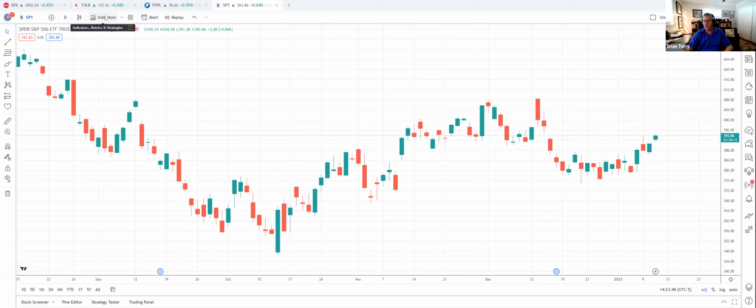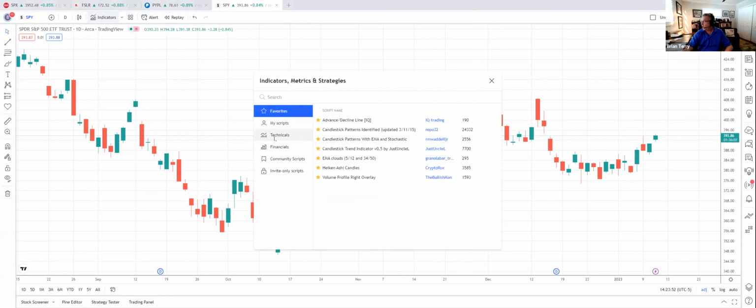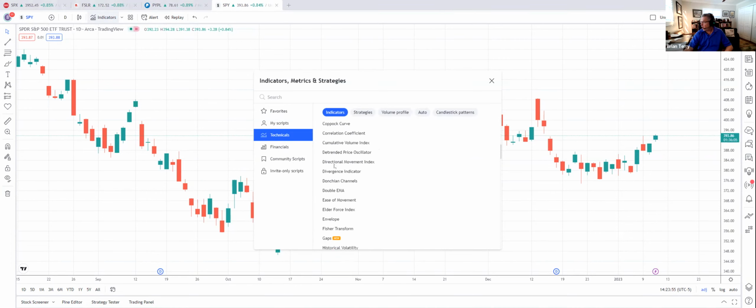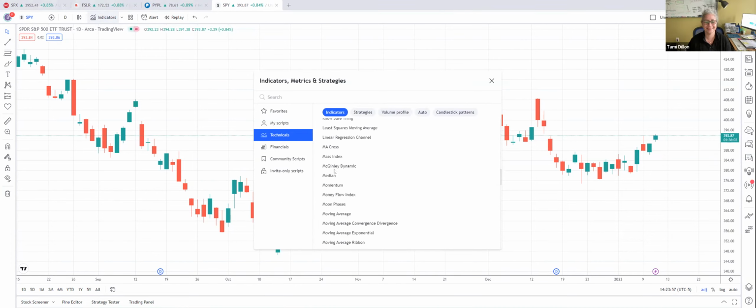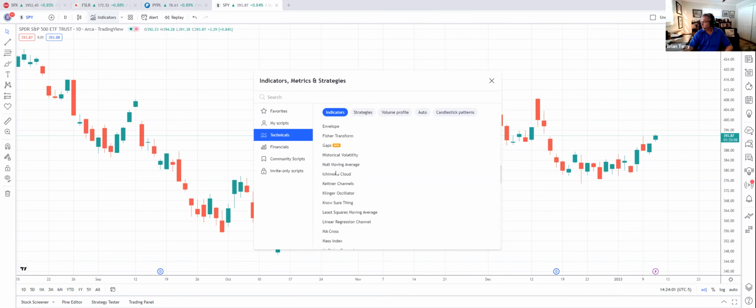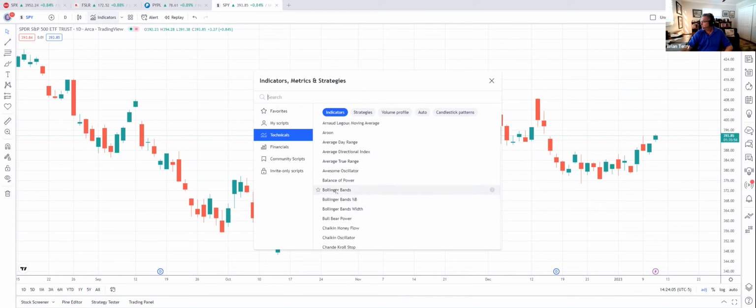This is on TradingView. If you click here and put technical, these are all of the different indicators that you could choose, which is crazy. So let's start with Bollinger Bands.